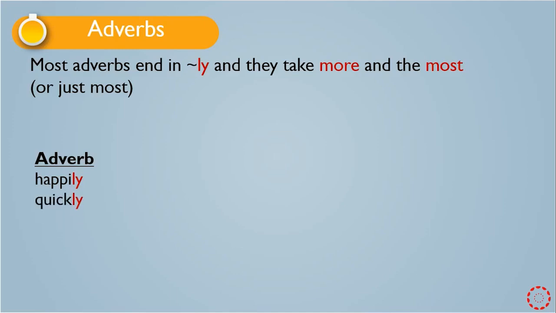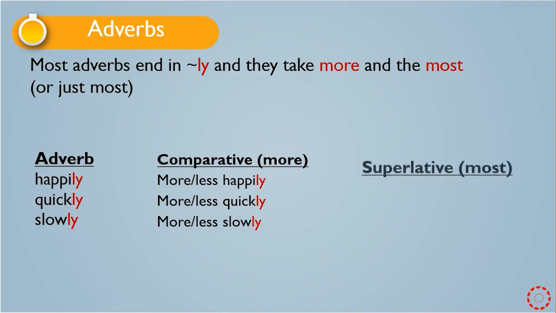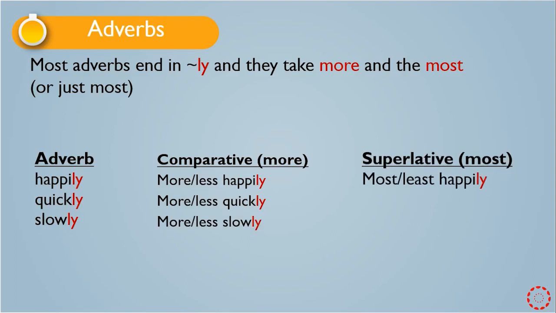For the comparative they became more happily or less happily, more quickly or less quickly, more slowly or less slowly. For the superlative, as we said, we have most and least. We can say most happily, least happily, most quickly, and least quickly. And also the last one, slowly, became most slowly and least slowly.